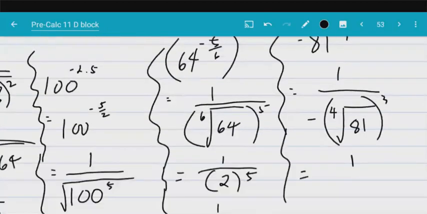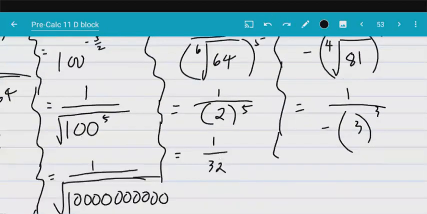Therefore, that is 1 over the negative of the 4th root of 81, which is 3, and then you're going to cube it. And that would be negative 1 over 27. And that is the end of check your understanding number 2.